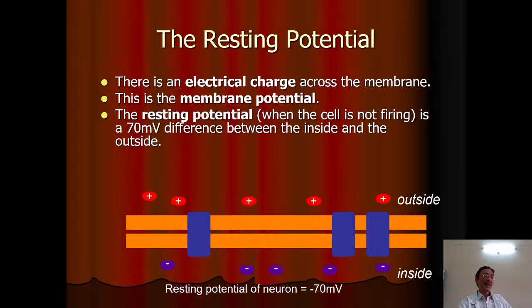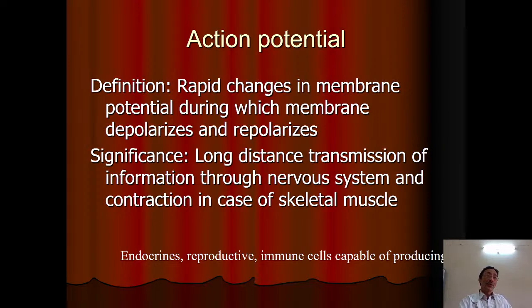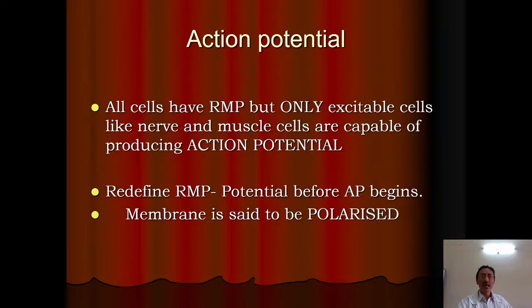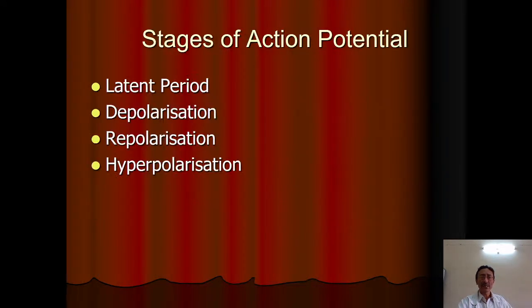Now with this in background, let us see what are the changes which take place when a nerve is disturbed, or a muscle is stimulated, or when any cell membrane is disturbed or stimulated. So the rapid changes in the membrane potential, where a membrane depolarizes and repolarizes, are called action potentials.